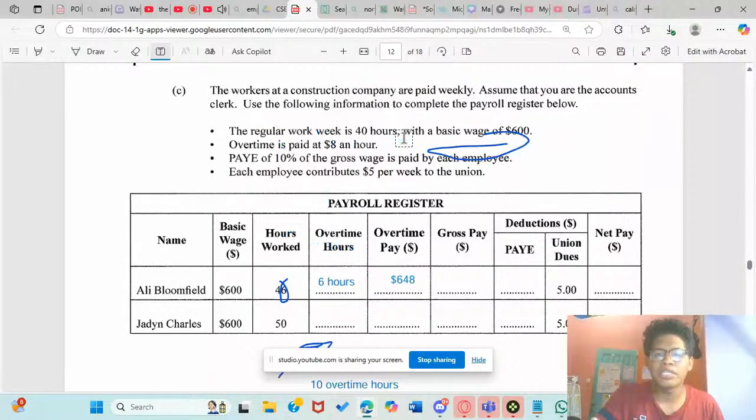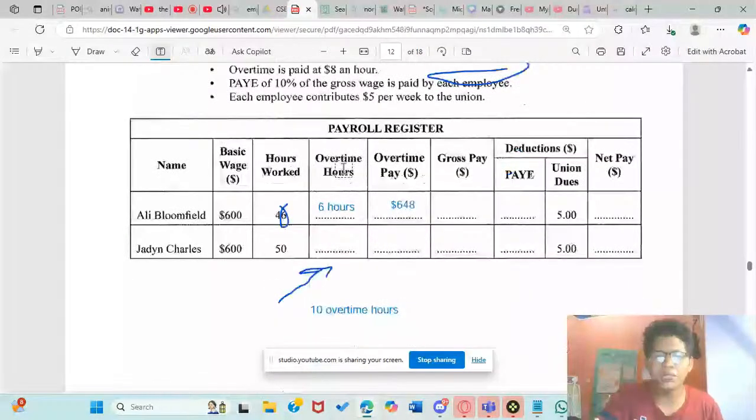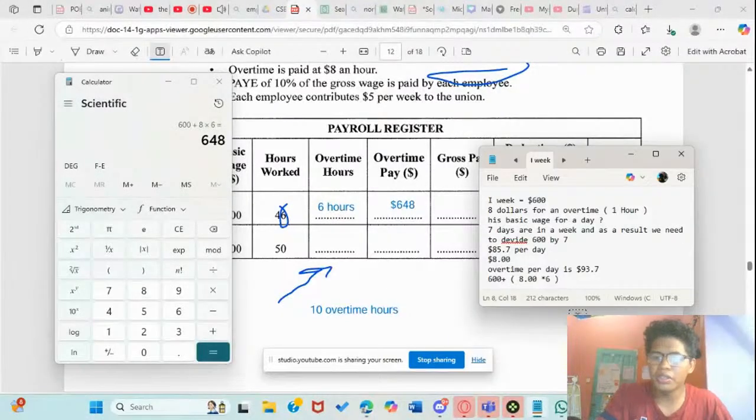They say we have a deduction of 10% of gross pay. So you have to calculate here. We just put up the thing here so you guys could take notes.